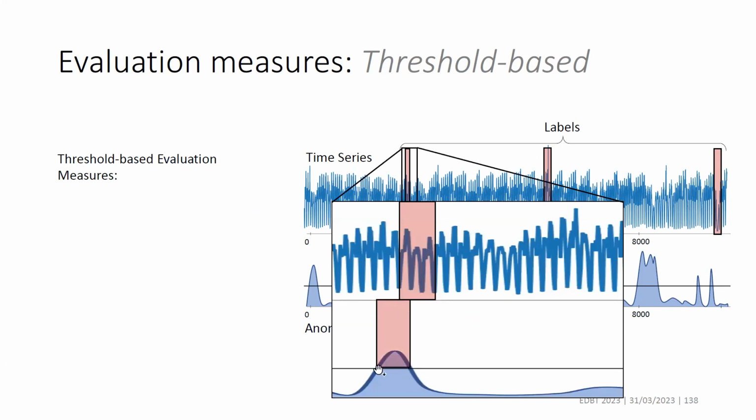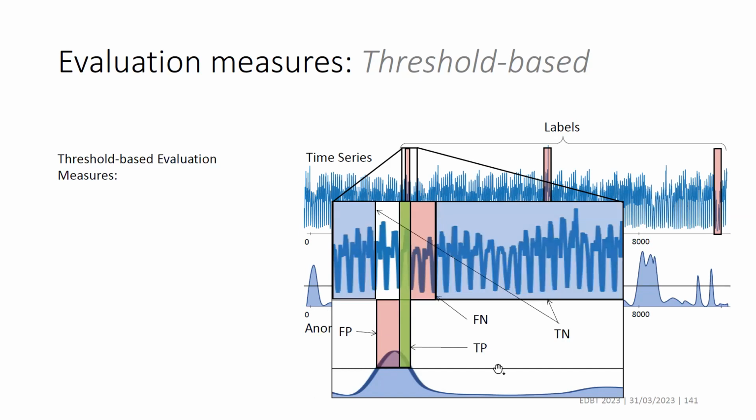So here we can divide multiple things. We can say, here are the correctly identified anomalies. We call that a true positive. This is not specific to time series, this is in general, but this is the terminology. Then the anomalies that have not been detected are called false negatives. False positives are the ones where you say it's abnormal, but it's not. And then true negatives here.